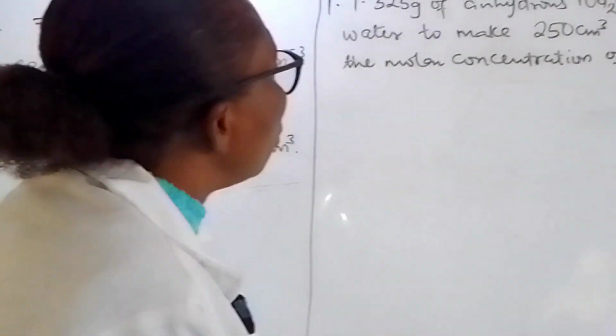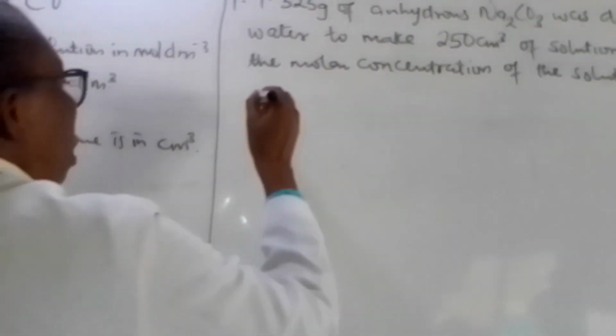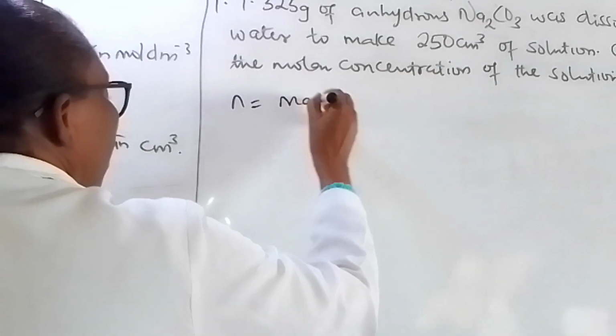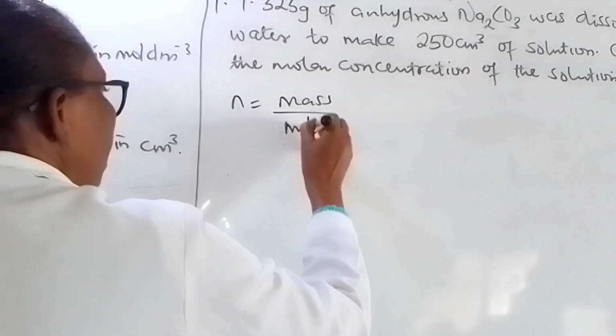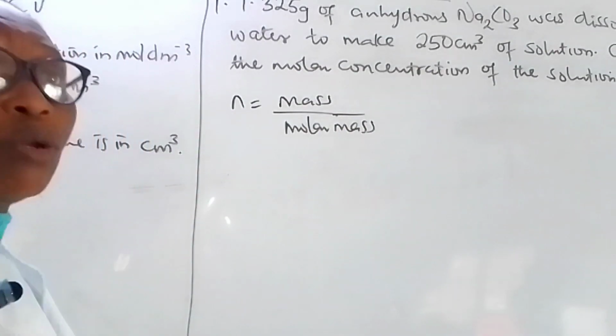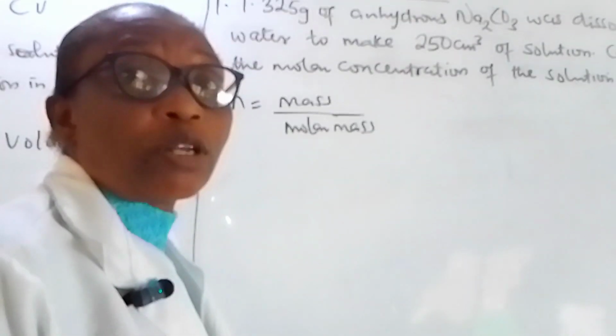So the first thing we do is to use the formula n equals mass over molar mass. Now, what molar mass are we looking for? We are talking about the molar mass of sodium trioxocarbonate 4.